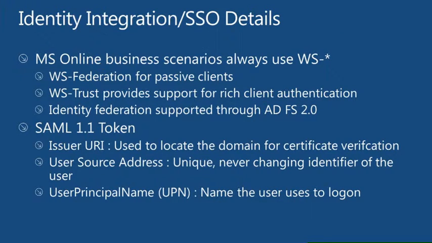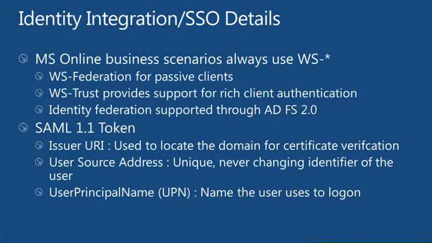But there's three things that we stick in a SAML token that are very important. There's this issuer URI, and the issuer URI is used by us to locate the certificate to verify the token. Okay? If you have multiple domains, then there's work that you need to do in order to make sure you send the right issuer URI. And I'll talk some more about that in a little while.